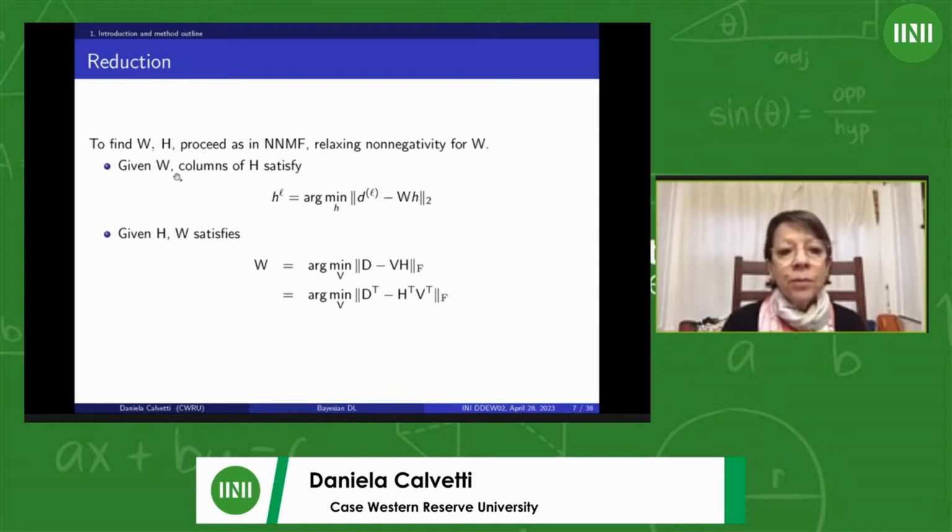If we start with an original W, sometimes it's just sampling some K columns or K atoms from the original dictionary, then we update the columns of H by selecting hl to be the vector that minimizes the two-norm of the discrepancy between dl and W h. So dl is the l-th column of the original dictionary.